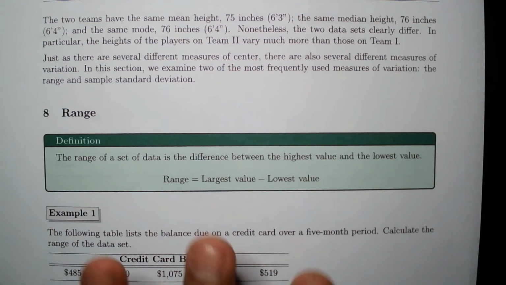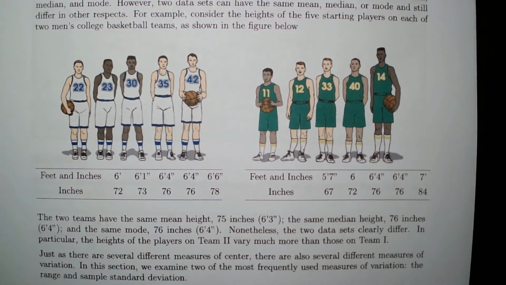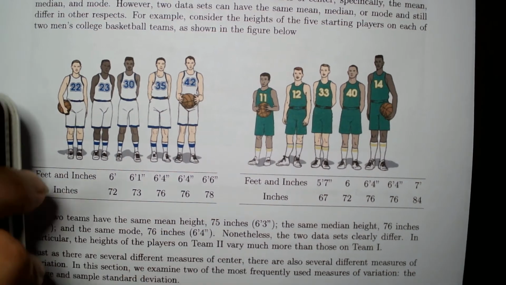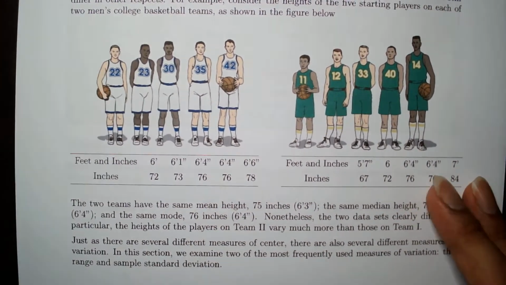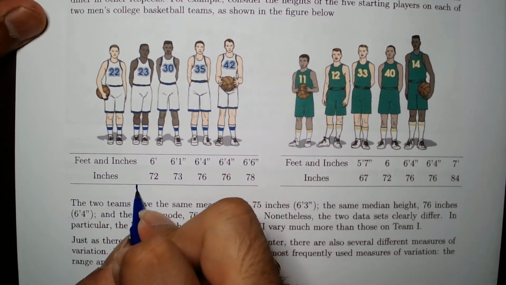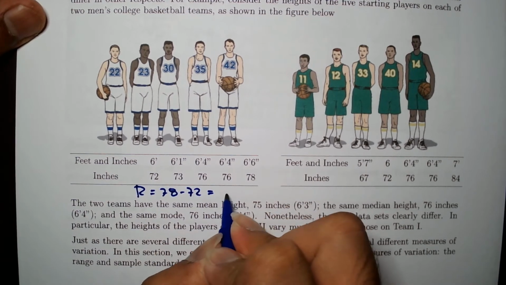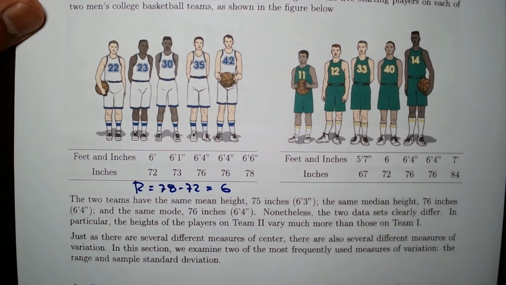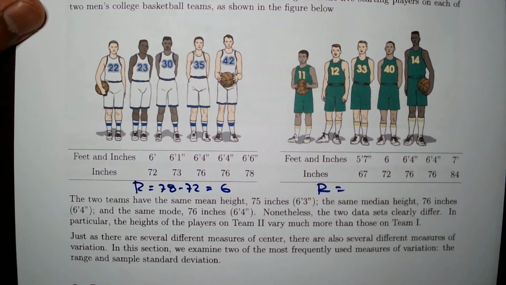For example, to find the range of values for the first team, 78 minus 72. The range is 6.